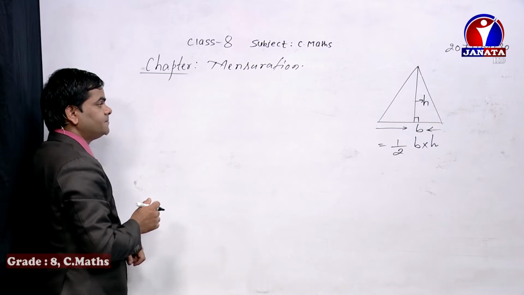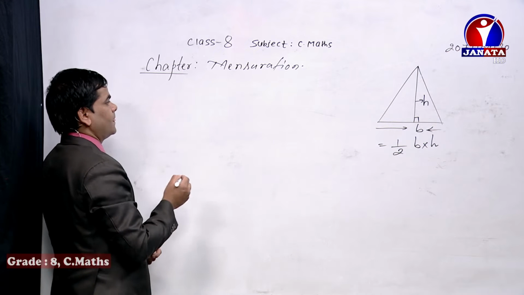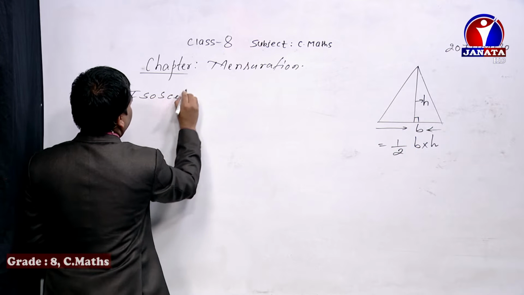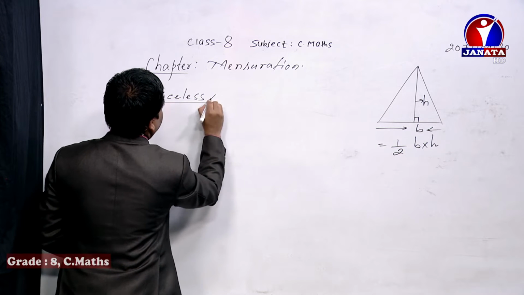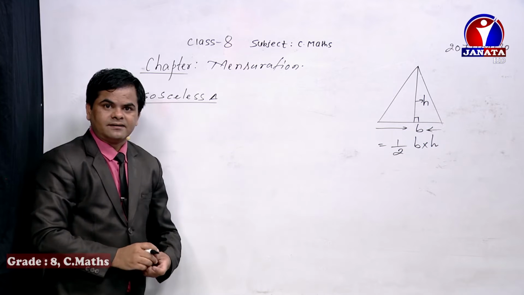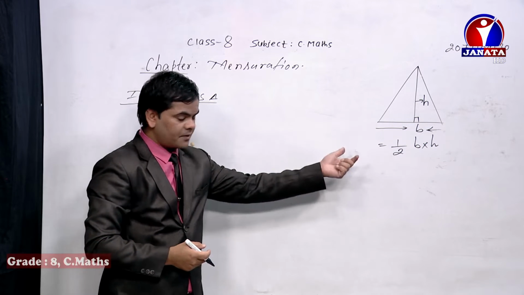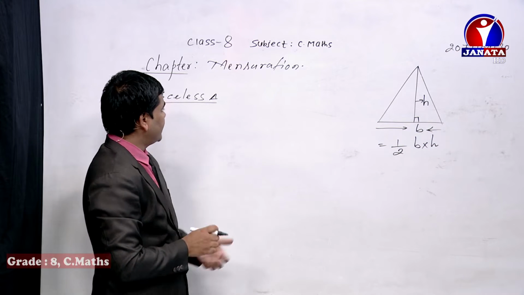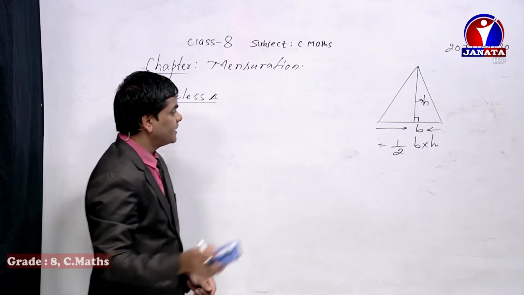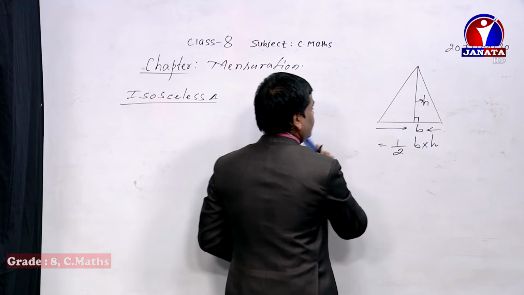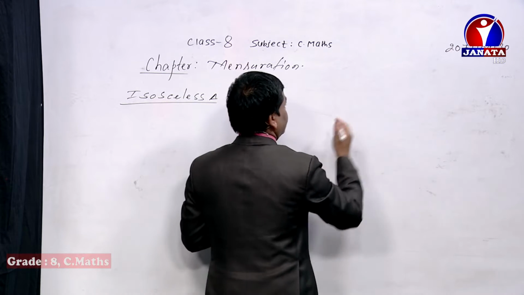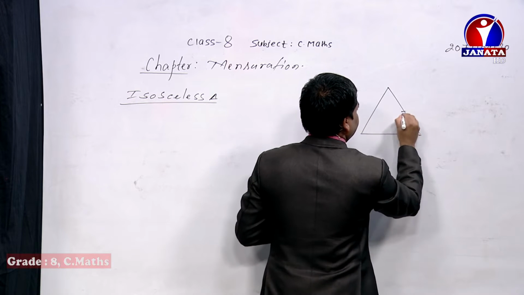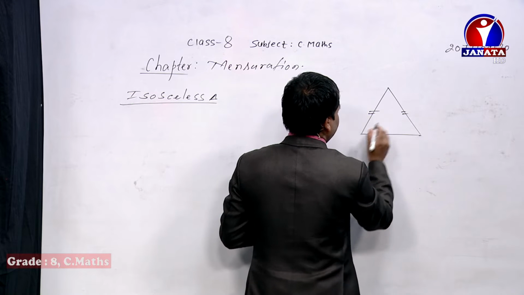First of all, I want to take the isosceles triangle. How do we derive the formula of the isosceles triangle? By the help of this formula, we can derive the formula of the isosceles triangle. First of all, let's prepare a triangle which has the properties of an isosceles triangle. The two sides are equal and the two base angles are equal.